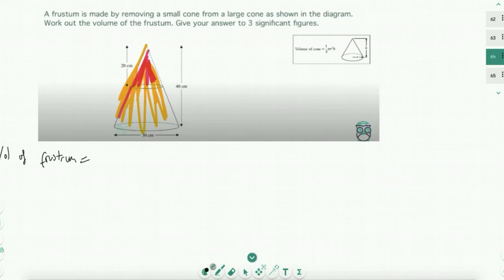What's remaining should be the volume of our frustum. So the frustum volume is the volume of the big cone minus the volume of the small cone.